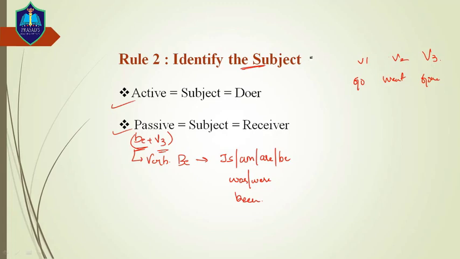But here, in V1 itself we are getting many things. If you observe, we have two more forms, that is V4 and V5. V4 is nothing but the ing form.